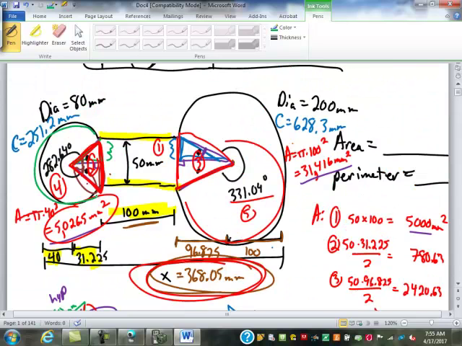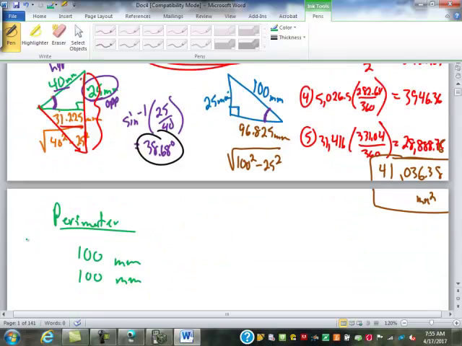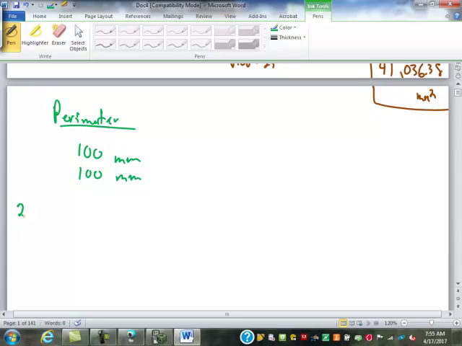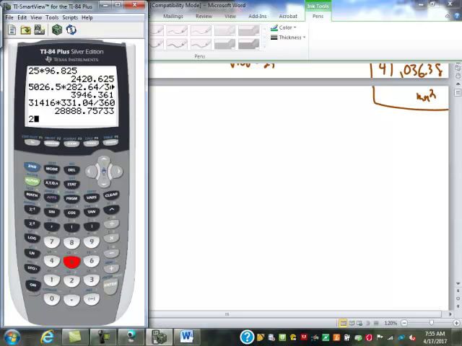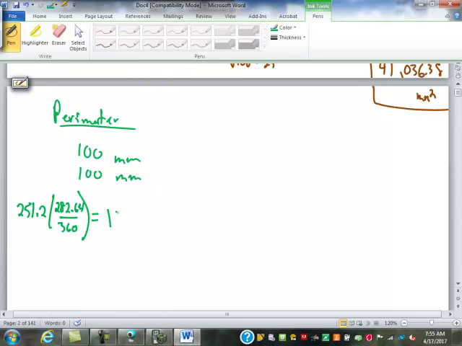This arc here is the 282.64 and the 251.2, which gives us a 97.22.